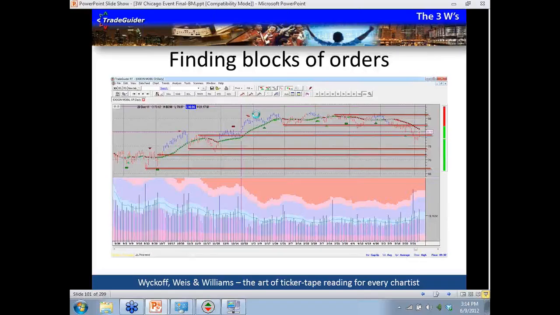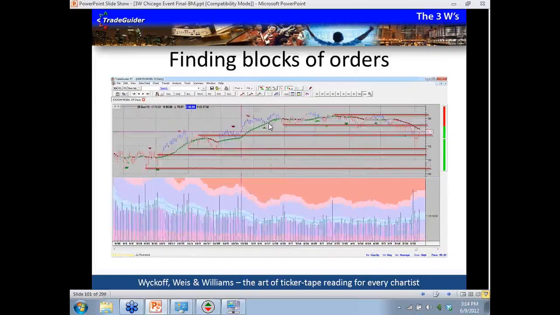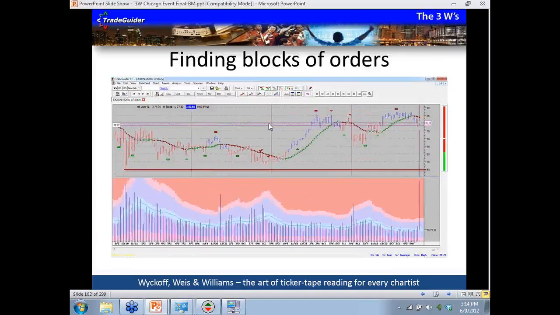Now we have a weekly chart here. And then the top wide spread bar. Look to the right. Is it a coincidence that this happened over here?